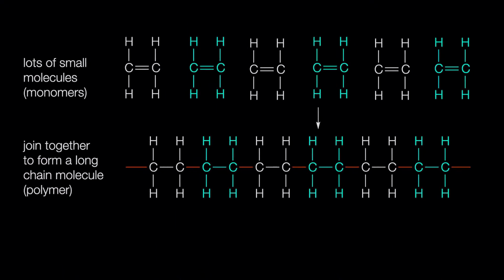So this is what I just showed you. Lots of small ethene molecules break up the double bond and make new bonds. All these red bonds are new. And this is what we call the polymer, polyethene. Now, the monomer doesn't have to be an alkene. It just has to have a carbon-carbon double bond.